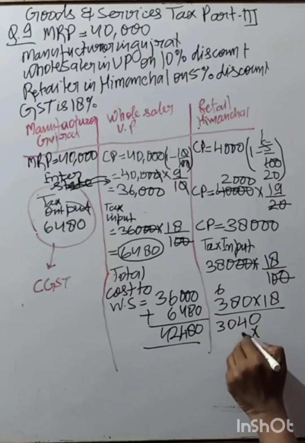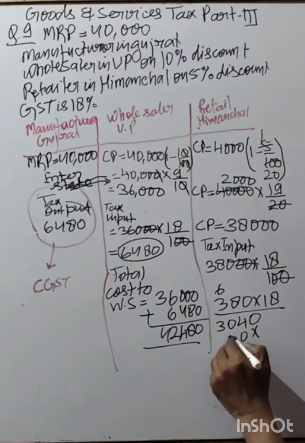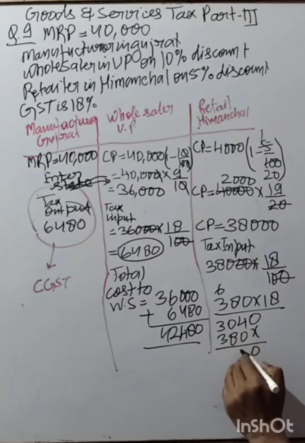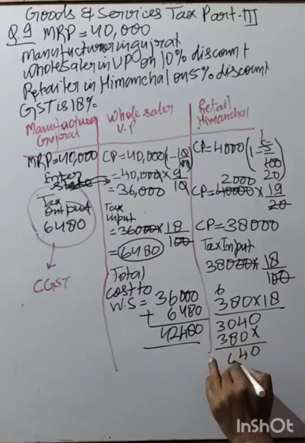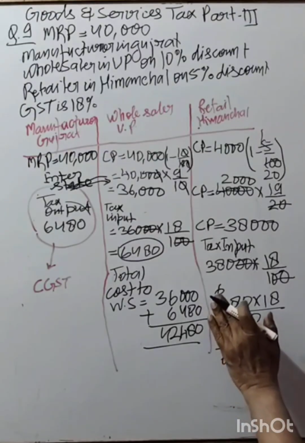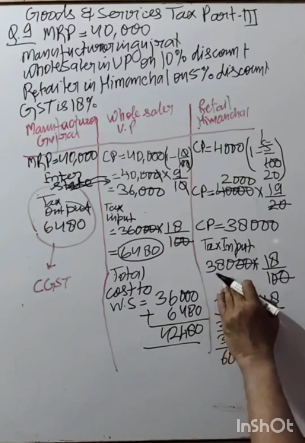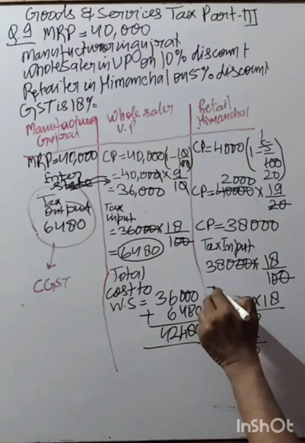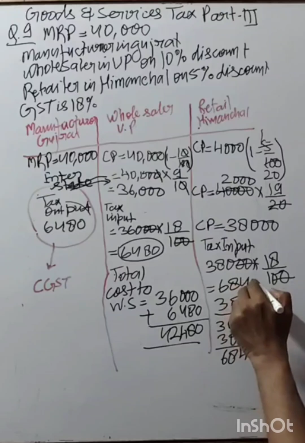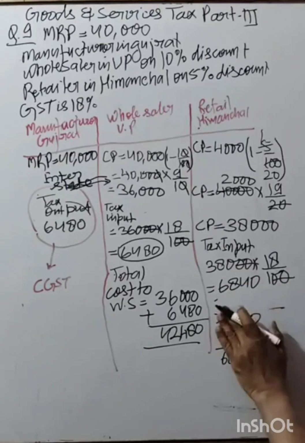It is 6,840. Right? So input tax is 6,840. Right?